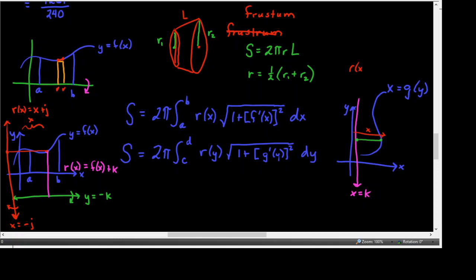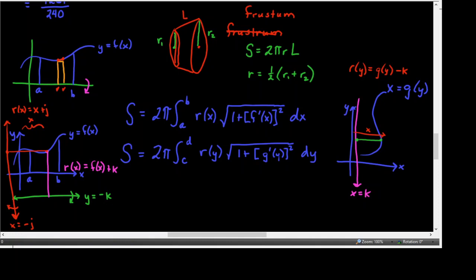This is supposed to be in terms of y. That's the situation we're under, sorry. That radius as a function of y will be x, which is g of y, right, minus left, and so it would be minus k.